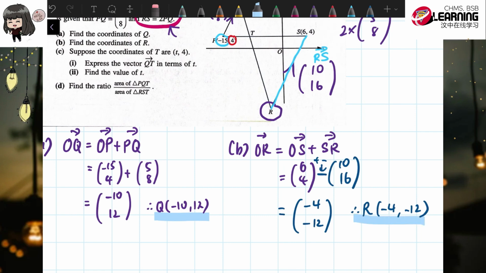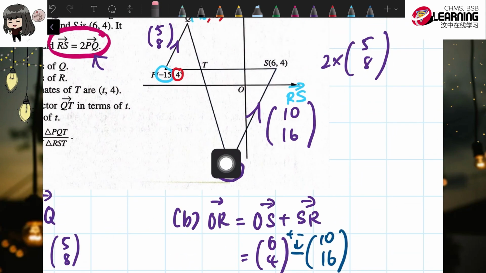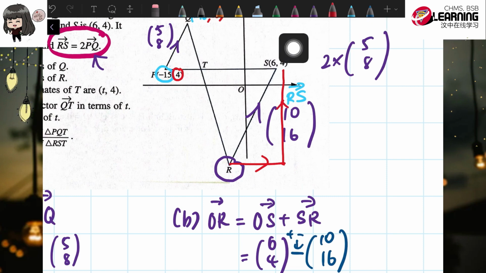But if you're looking at it in coordinate terms, you know that R going to S is 10 to the right and 16 up, until you reach (6, 4). So if you want to get back, you minus.